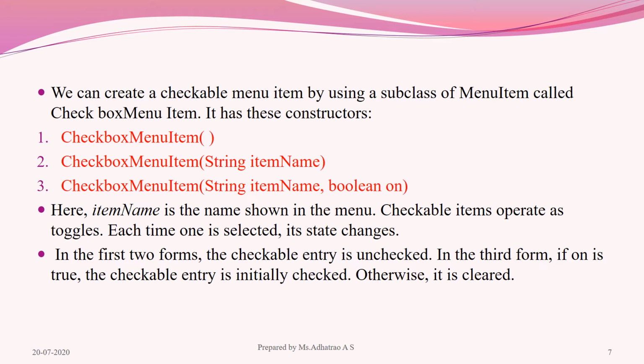Here itemName is the name shown in the menu. Checkable items operate as toggles. Each time one is selected, its state changes. In the first two forms, the checkable entry is unchecked. In the third form, if on is true, the checkable entry is initially checked. Otherwise, it is cleared. It is the same as your checkbox items. It allows menus to be selected or not selected.